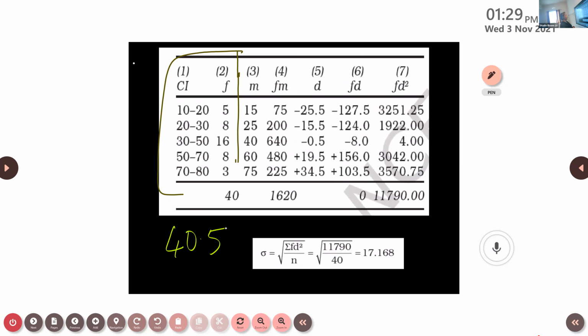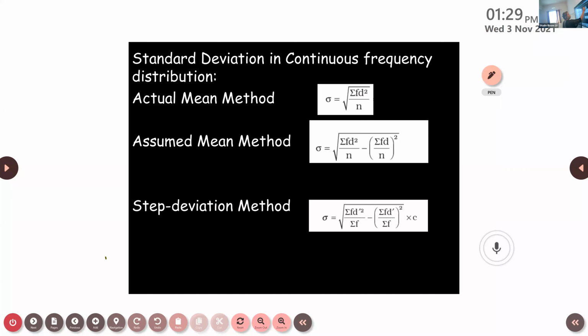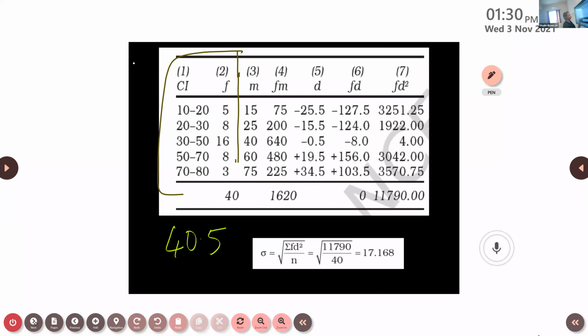Okay, now next step, you have to get D. That means here you can see in the formula, you should know D. Okay, so next column, what you should find, that is D. How to find D? There is a formula I told.